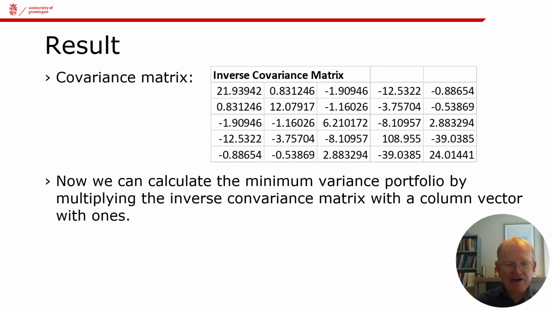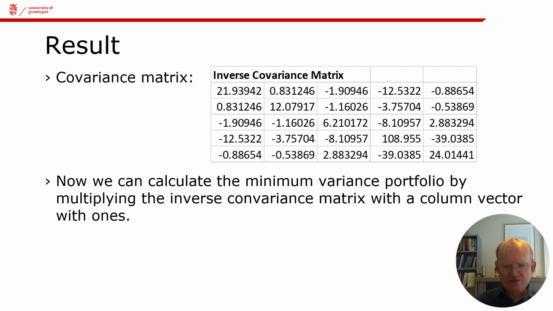So here is the covariance matrix, and the inverse of the covariance matrix is here. Sorry, I was wrong about it. We're looking here at the inverse of the covariance matrix. That is usually a very difficult matrix to read because the numbers don't have any practical meaning as far as I know.